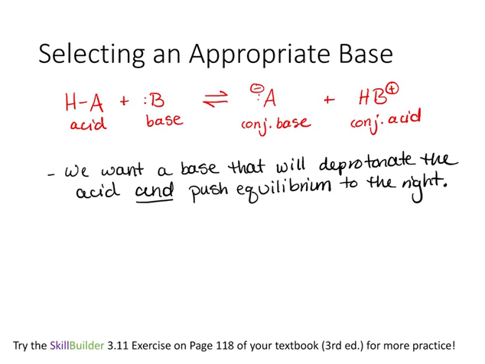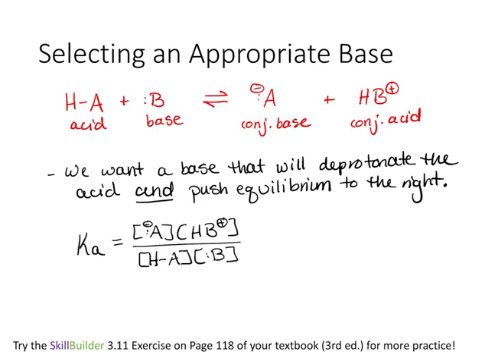Okay, so in order to figure out what a good base would be for a reaction like this, we need to talk about pKa. So we already reviewed Ka values and pKa values, but remember that Ka values are acid dissociation constants. So those are equal to the concentration of products over the concentration of reactants.